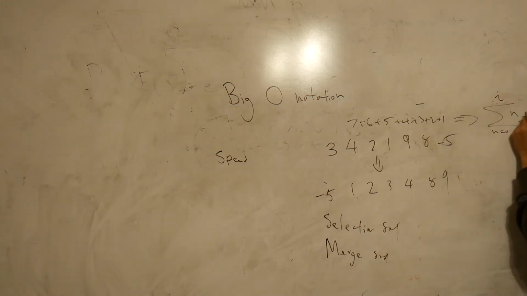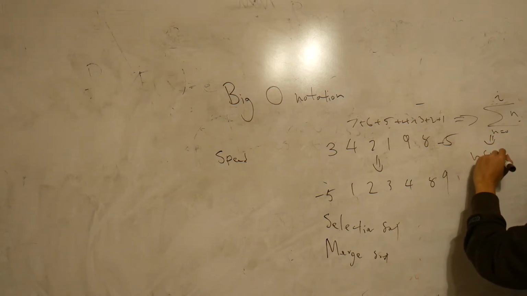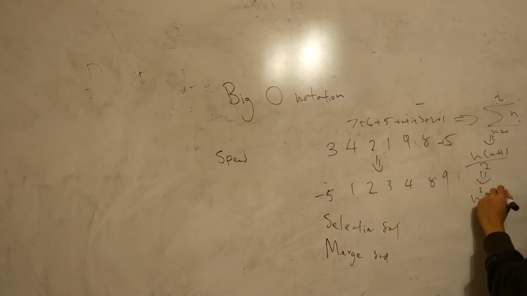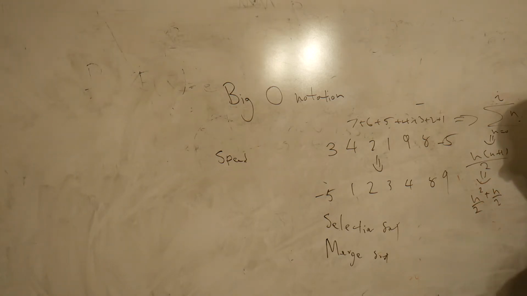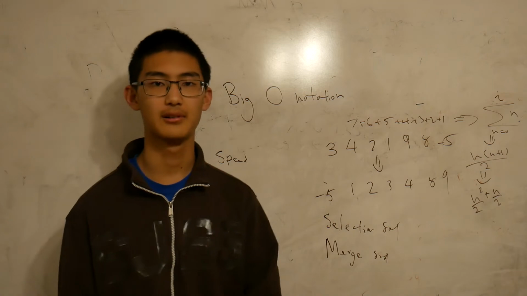You might also know that this equals n squared over 2 plus n over 2. So big O notation says, okay, I have n squared over 2 plus n over 2 operations.